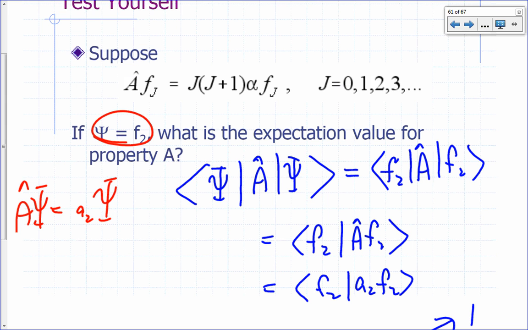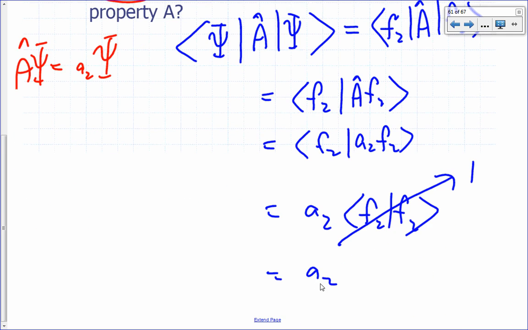So if psi is an eigenfunction of the operator, it has a well-defined value. What is that value? Whatever the eigenvalue is that corresponds to that particular eigenfunction. So it's just going to be a2. In this case, what was a2? J plus 1 alpha. It's going to be 6 alpha.